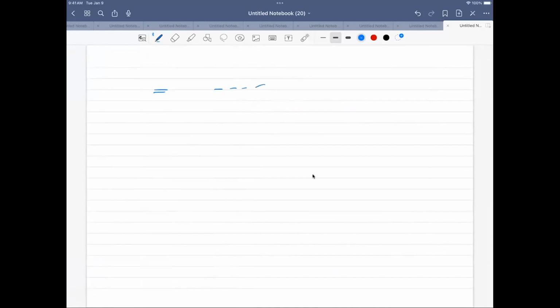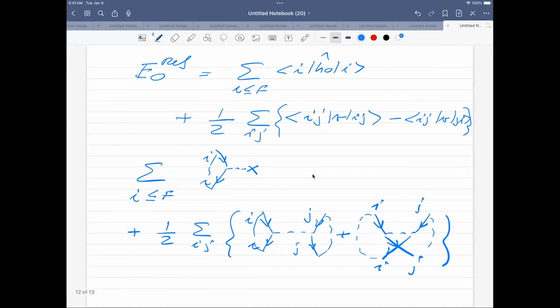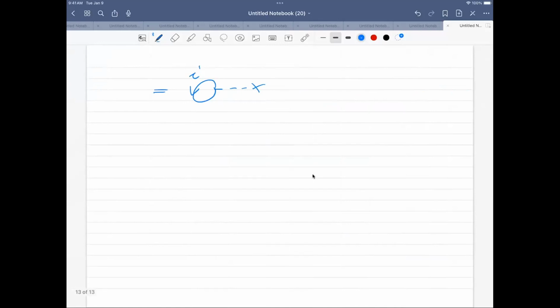I'm going to have the interaction, but now I have this loop here where I put a label I, and this represents a hole loop. And it stands now for this summation over all the states below the Fermi level. So this circle here, or loop, is now going to represent the summation over all the single particle states below the Fermi level.